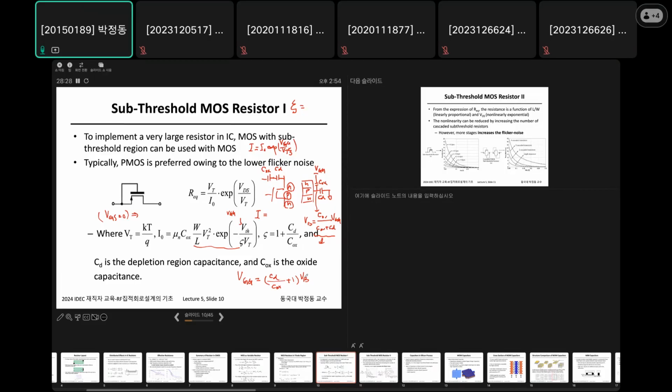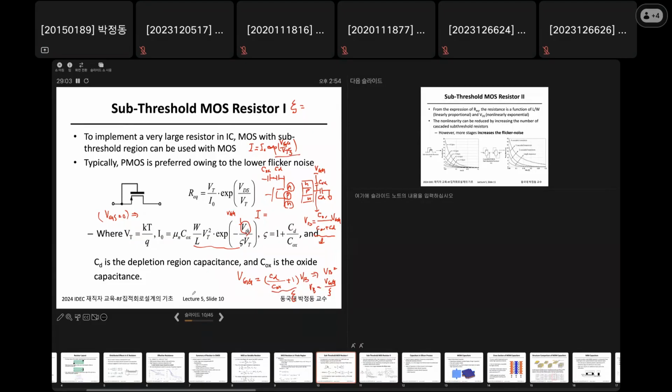Which means VB is this. If I express VB in terms of VGG, it is this. So I put this over here, then we get this result. Here, since this is a cutoff, we just set VGG equal to V threshold. Okay, so we got this.